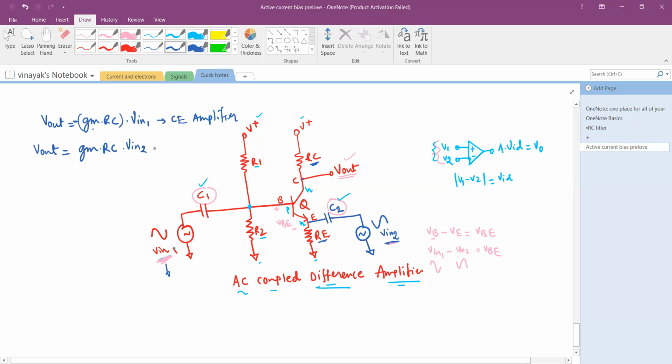So this is a typical common base configuration, and you call it a common base amplifier. Why do we call it common base? Because you are AC grounding the base pin, applying a signal through this capacitor, that is V in 2, and taking the output at the collector, that is V out.